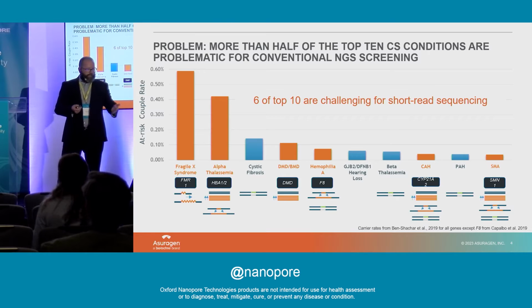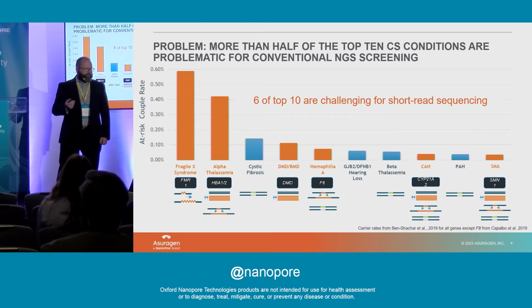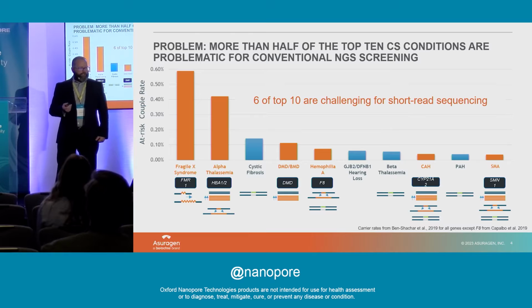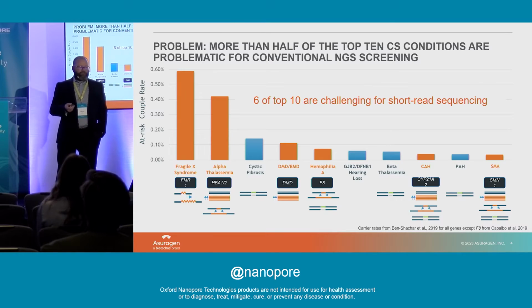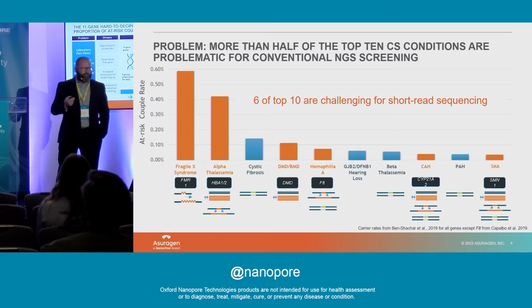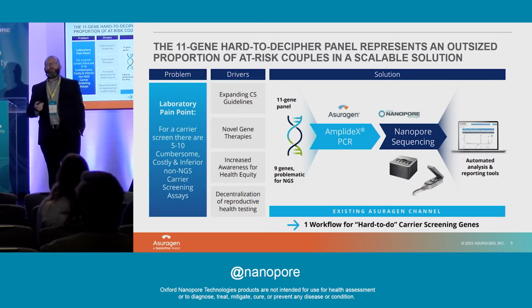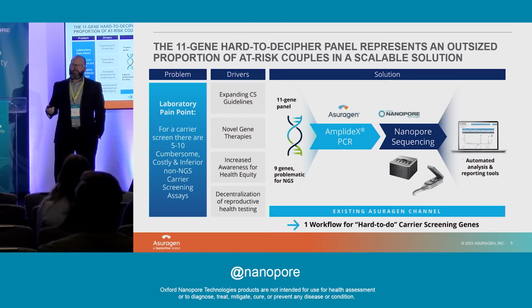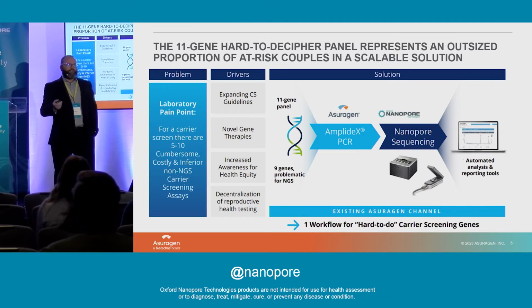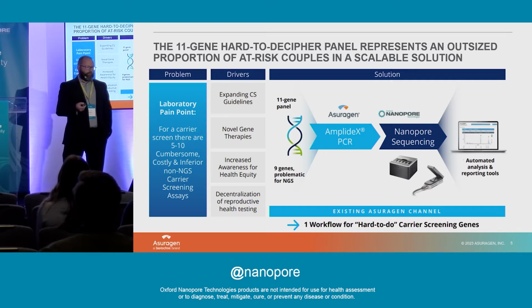I've listed here a number of genes, including Fragile X, alpha thalassemia, hemophilia A, and SMA, that have different gene variation associated with these specialized panels. So what we've done is develop a single workflow that can address a lot of different genetic variation in some of the most prevalent diseases for carrier screening.